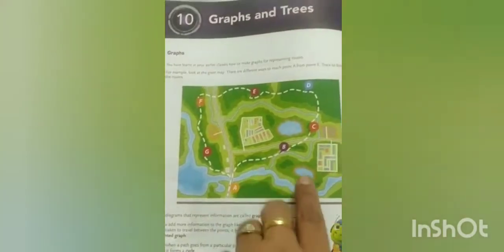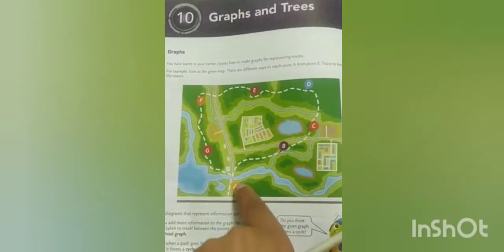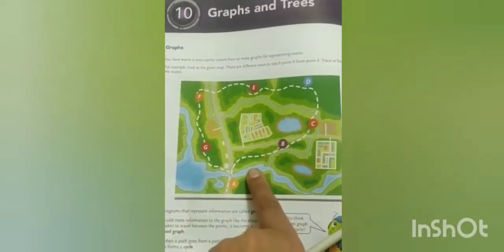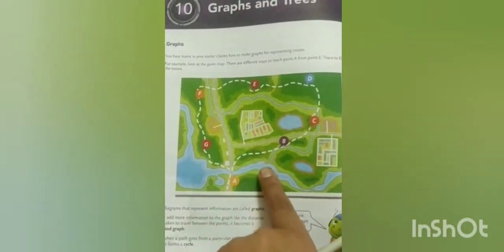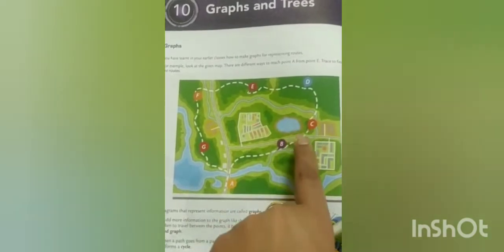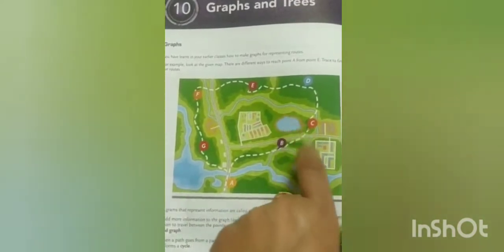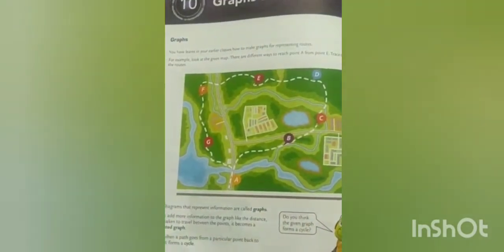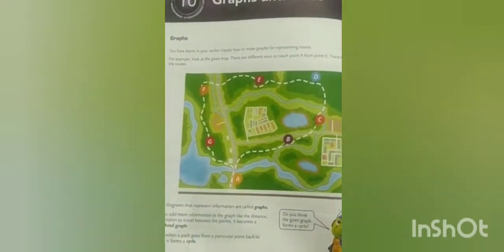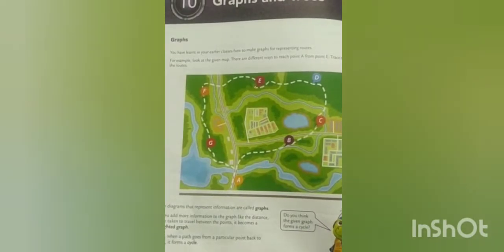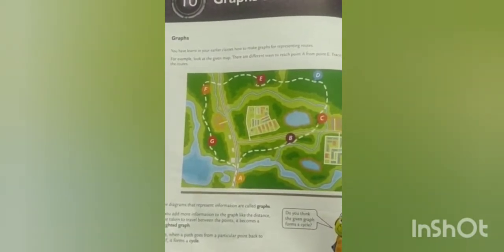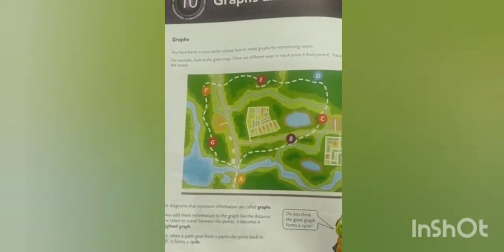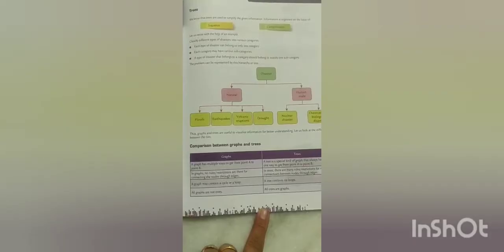So for this diagram, if you say from point A to B the distance is 10 kilometers and I add 10 here, from B to C the distance is 2 kilometers and I write 2 here, then it becomes a weighted graph. So a simple graph and a weighted graph have only one difference, that weighted graphs carry more information related to the graph.